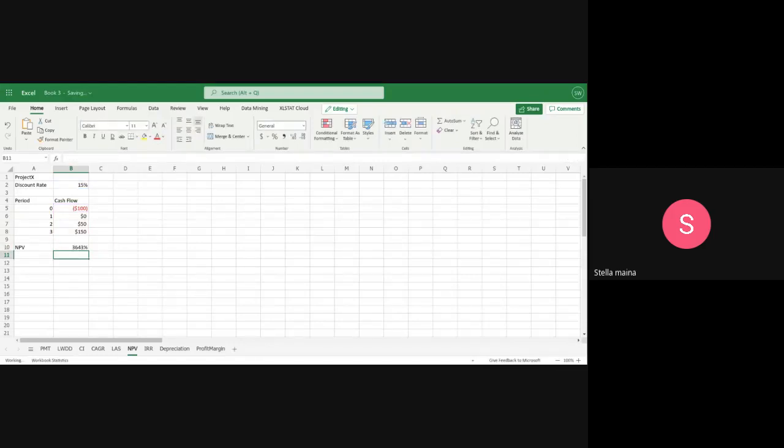Let's see if that will change how that is. I want the NPV to have a decimal value.